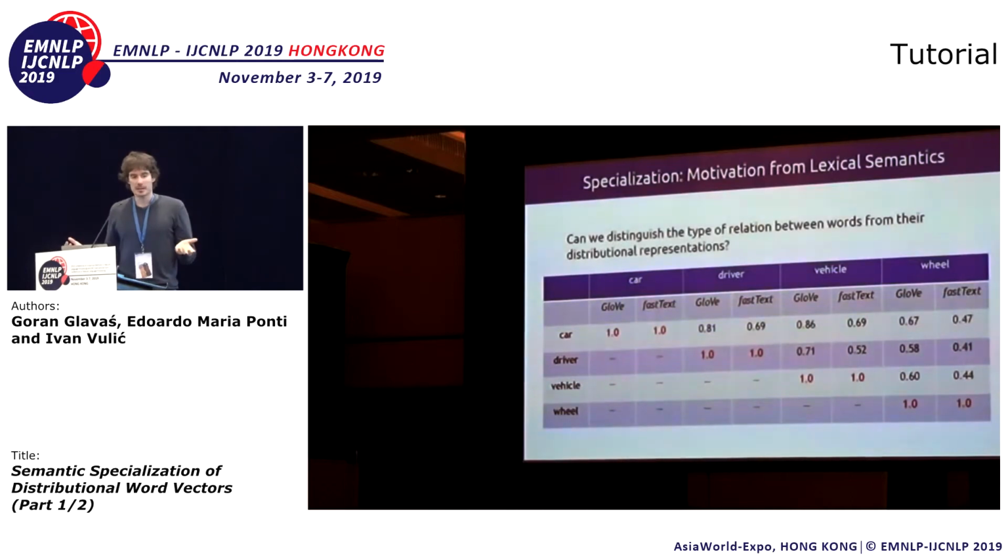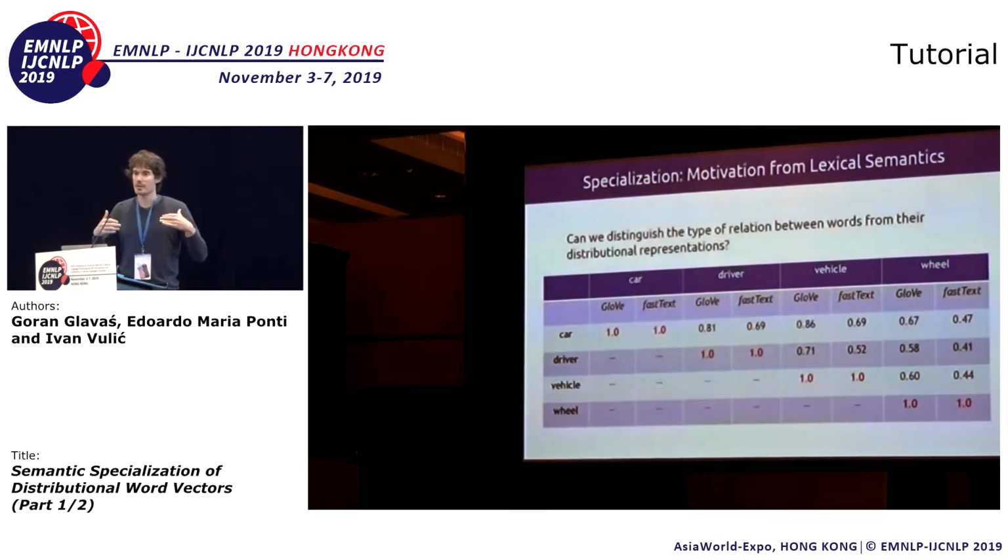From the lexical semantics perspective, I think the motivational question is quite simple. If we have a trained distributional model, think of word2vec models, can we really distinguish between different well-defined lexicosemantic relations just given the distributional vector space? And the answer is no, we can't really do it in an unsupervised way.